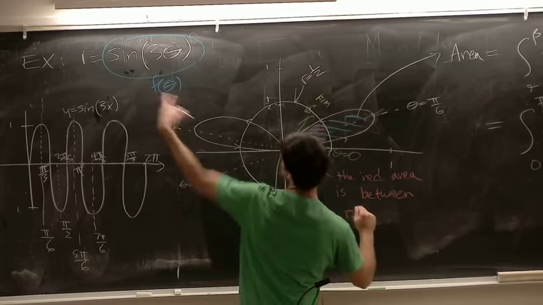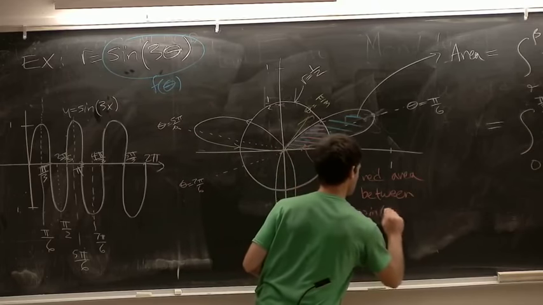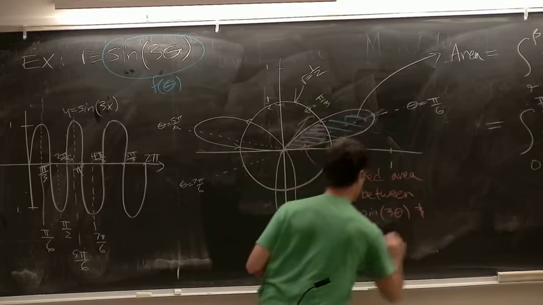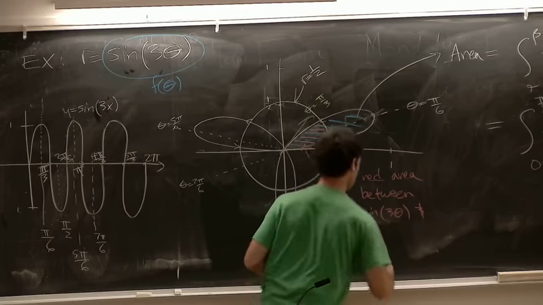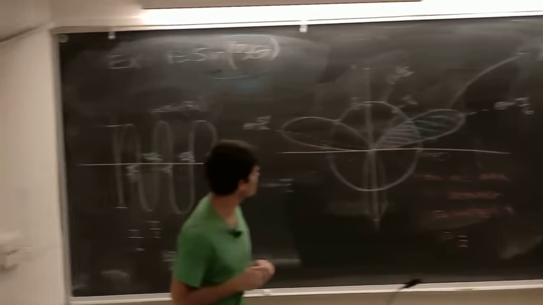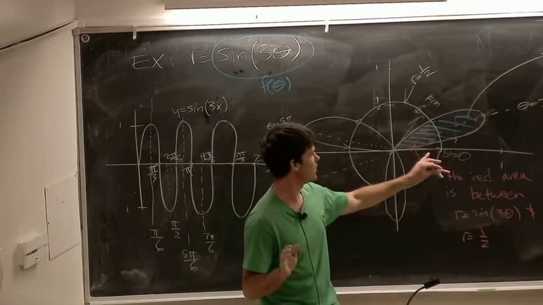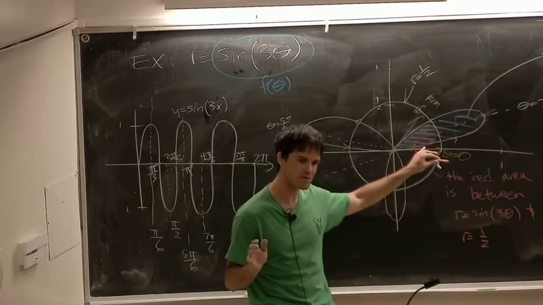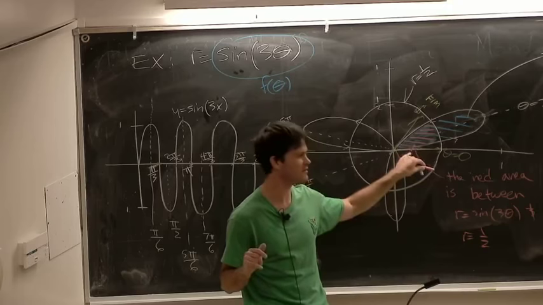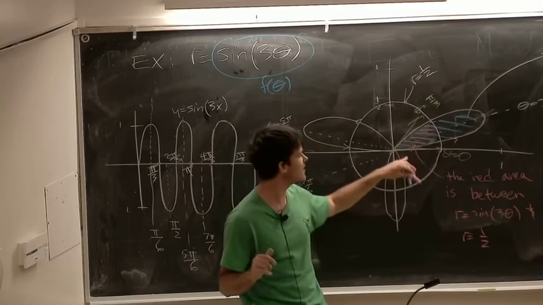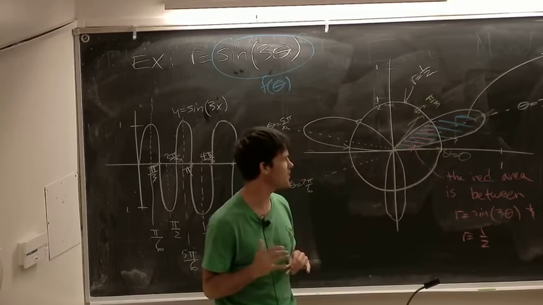r equals sine 3 theta. Here's the problem, though. What would you say is the outer function and the inner one? To get that red area, what's the outer one?